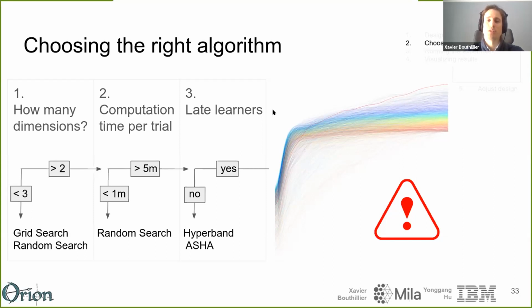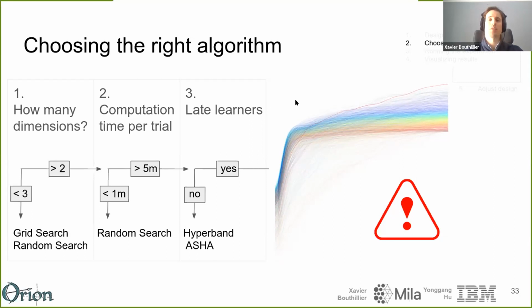We had better results with random search than Hyperband. When we trained about 1,000 models, we realized that the reason was that we had late learners. In this case in particular, it was caused by the gamma hyperparameter. When we were optimizing the gamma hyperparameter, the most efficient values were causing this behavior, so late learners.